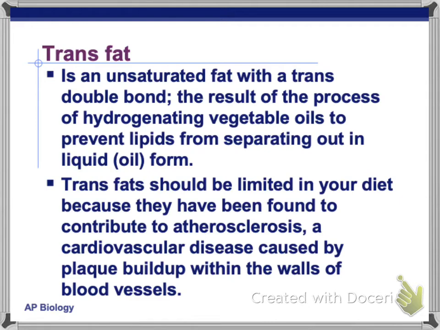Now they do this by messing with the hydrogens. Remember, unsaturated fats do not have the maximum number of hydrogens. By changing the location of hydrogens in these unsaturated fats and creating what we call a trans double bond, it caused these liquid vegetable fats to then be able to pack closer together and make solids.